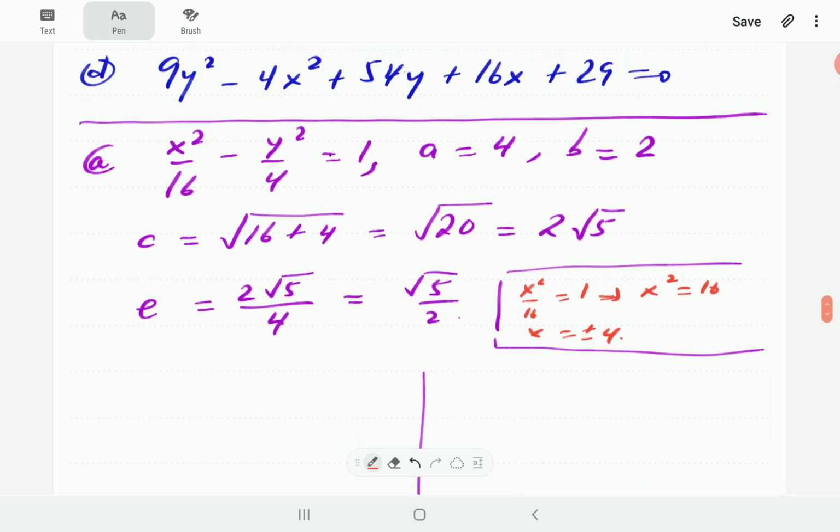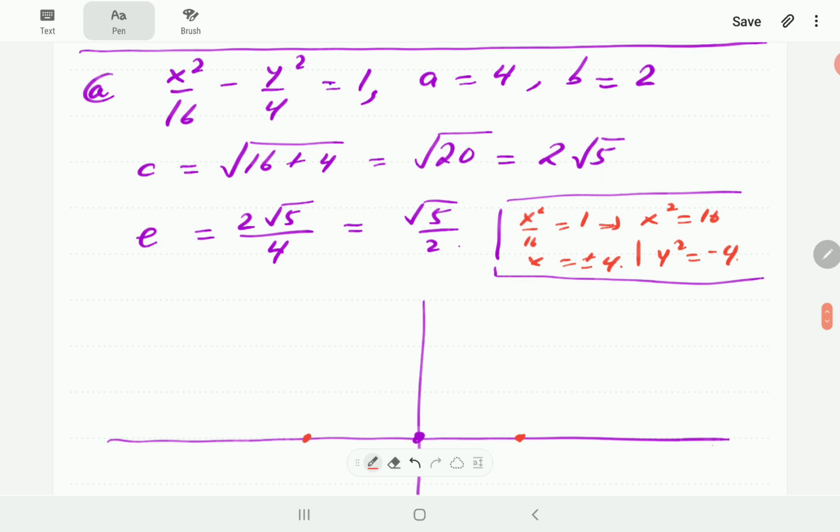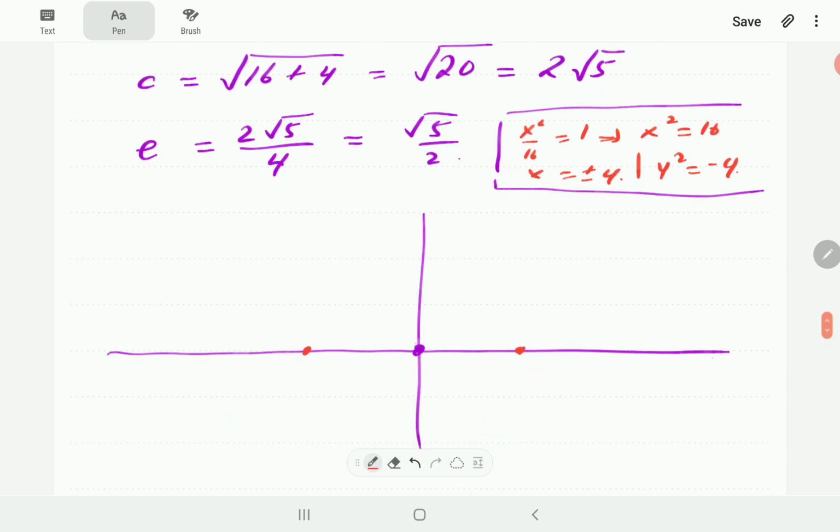But if you do the same thing with x, if you set x equal to 0 here, then all of a sudden we have y squared is negative 4. But y squared equal to negative 4 is not possible, so this graph is not going to cut through the vertical axis.